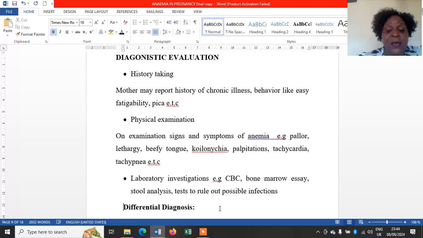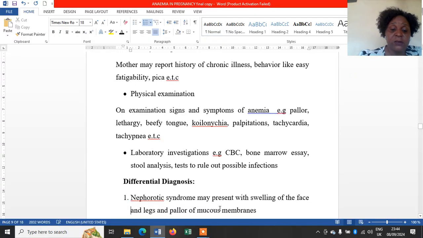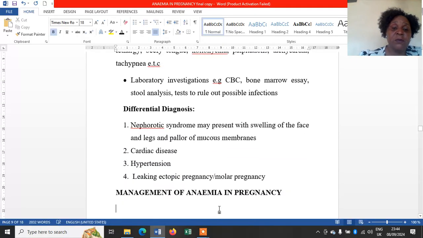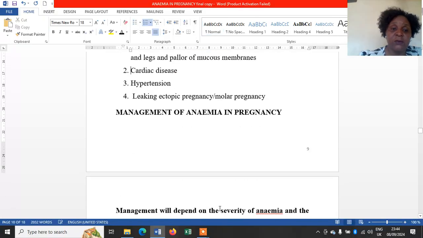And we do other tests like malaria tests and sickle cell tests to rule out other possible causes.